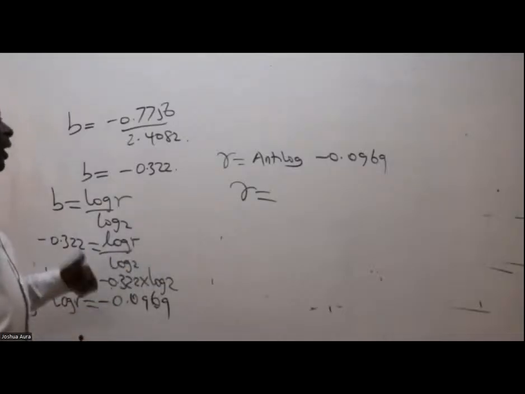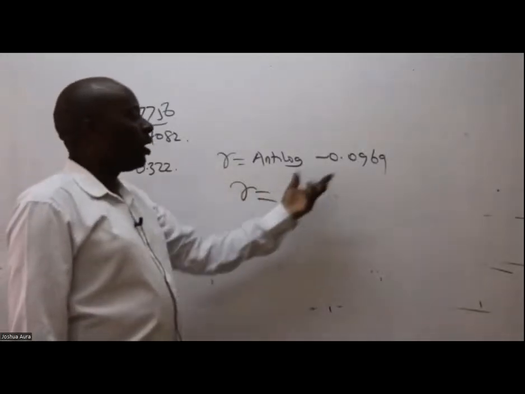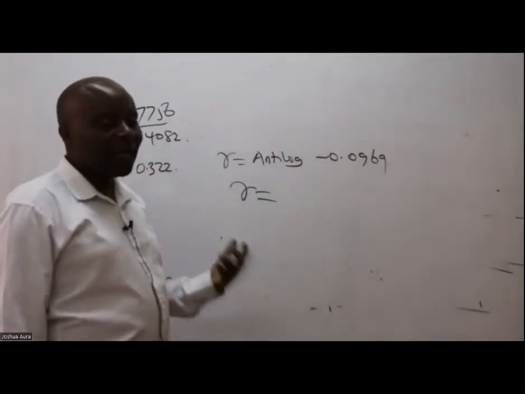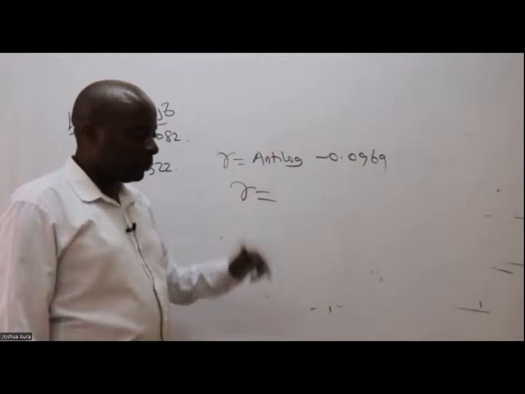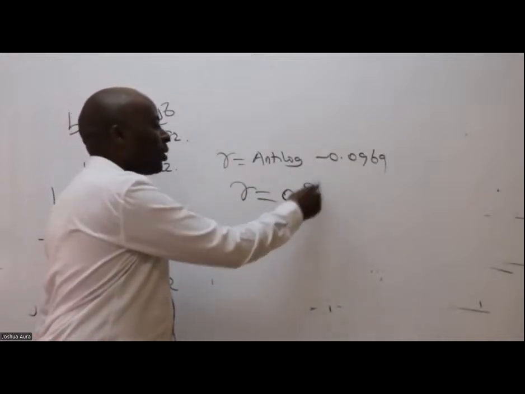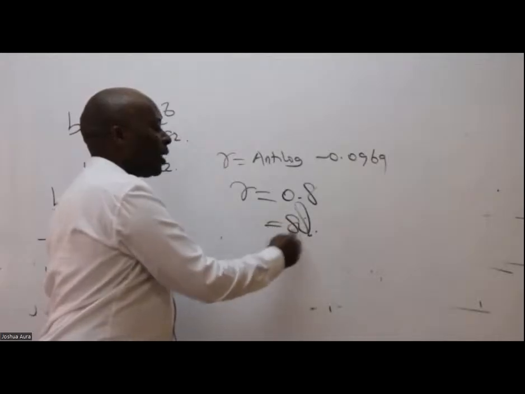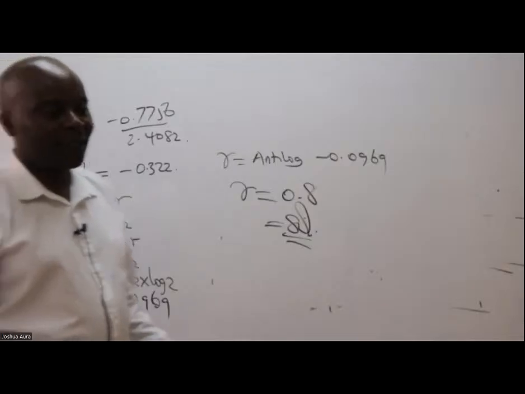When it crosses over, it becomes an antilog. So then my R will be equal to antilog of this number. And how do I get antilog? I'll say shift logarithm, this number, which you will be able to get something close to 0.8, which is 80%.